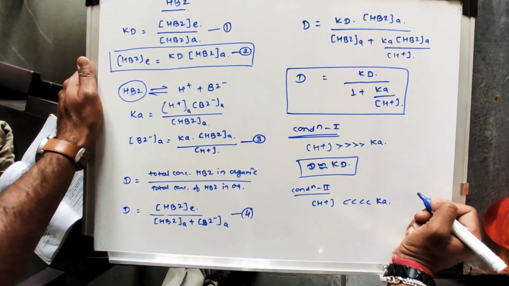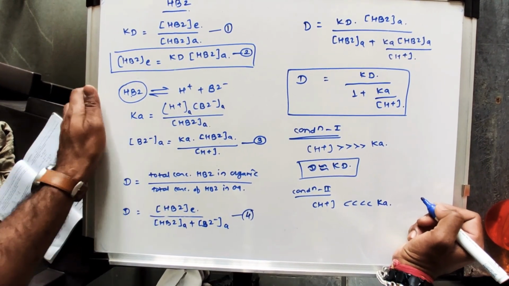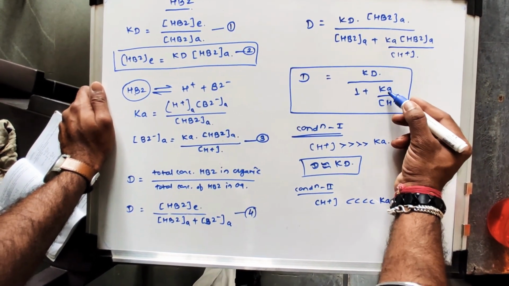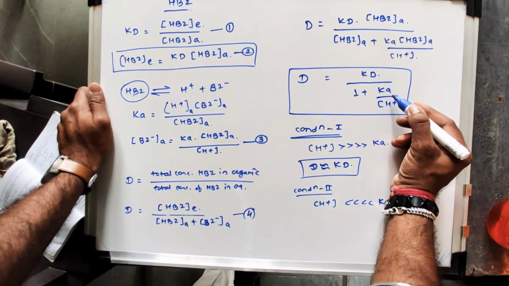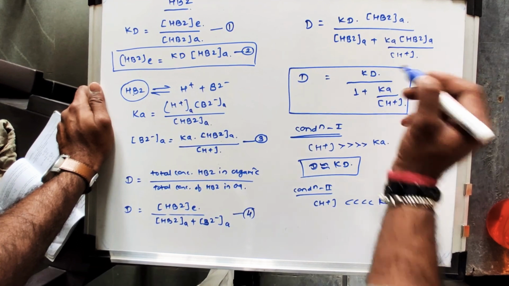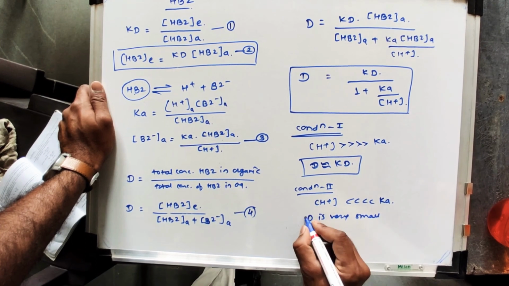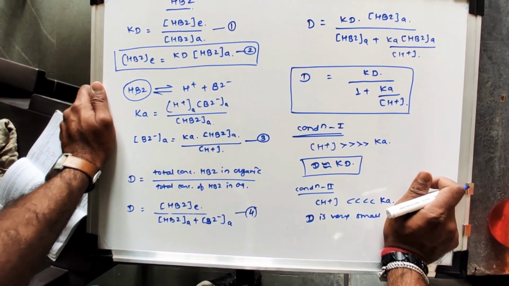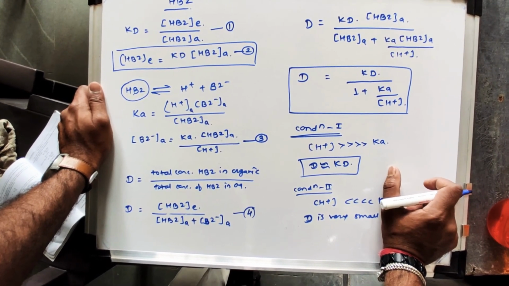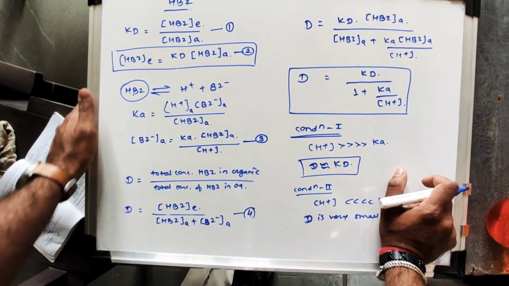If such a condition is achieved, then D will be very small, because this Ka value is large. 1 plus Ka value having some approximate value, KD upon that value, that means D is small, so we can say that D is very small. Now, if D is small, that means the distribution ratio is small. Therefore, extraction of benzoic acid is also small.